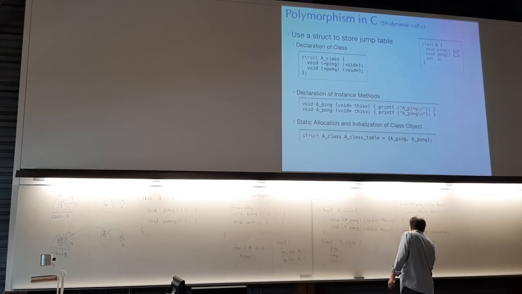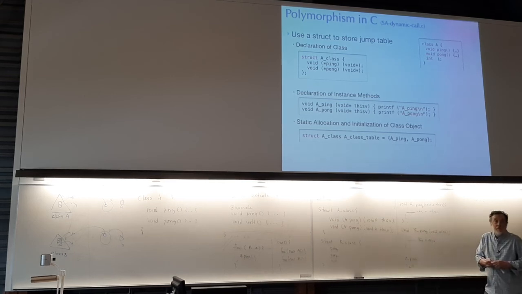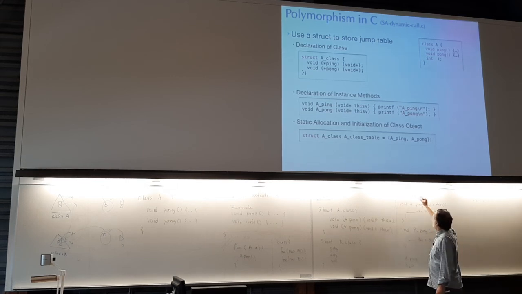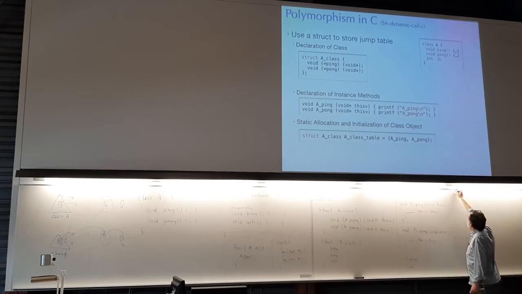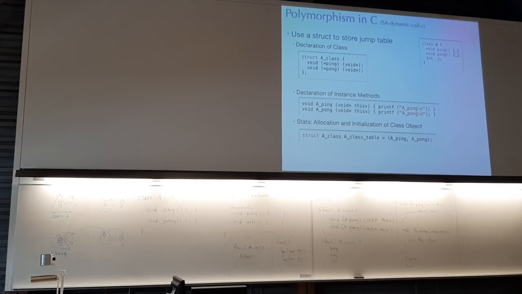And also for A pong and B. Okay, so that's the code. And the final thing I'm going to write over here is the static data. So this is the class object itself.